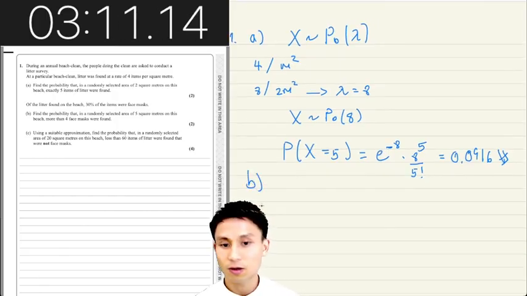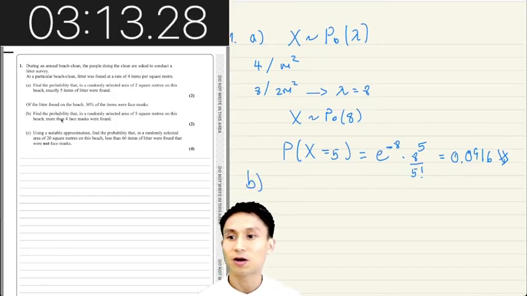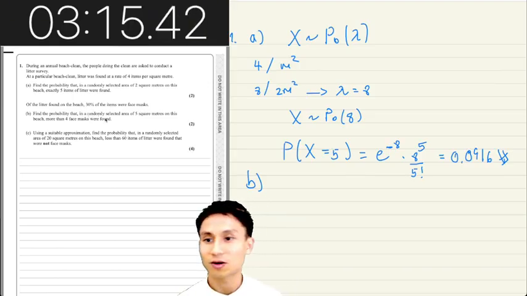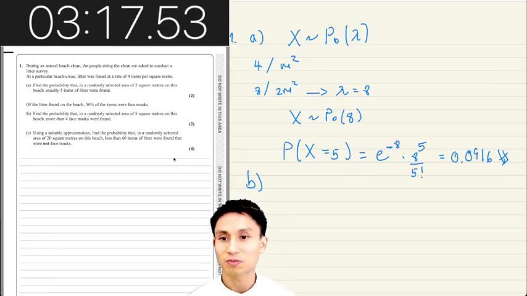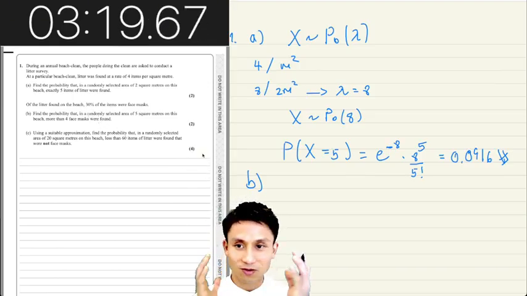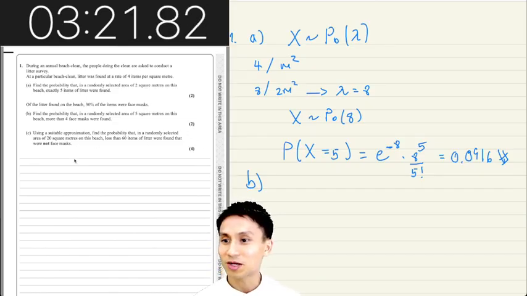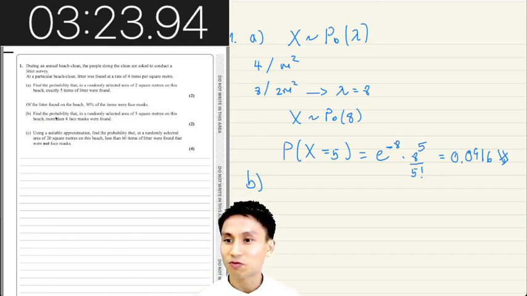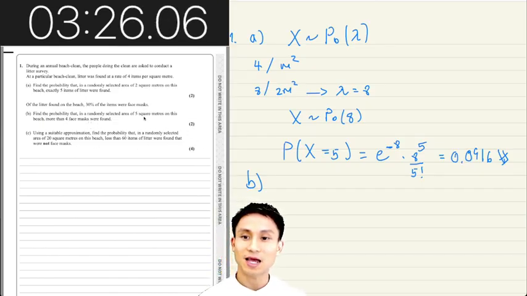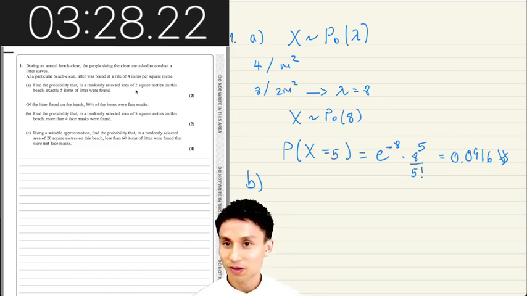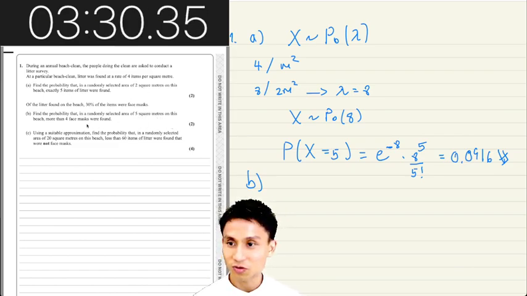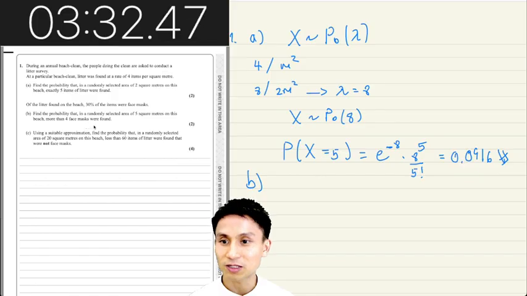Okay, B, of the litter found on the beach, 30% of the items were face masks. Maybe during the pandemic or something. Find the probability that in a randomly selected area of 5 square meters, so now this time it's 5, not 2, on this beach more than 4 face masks were found.